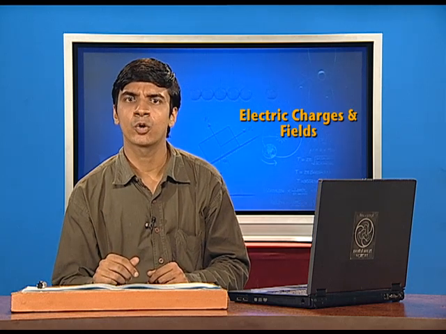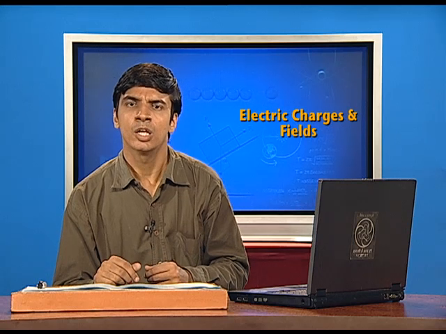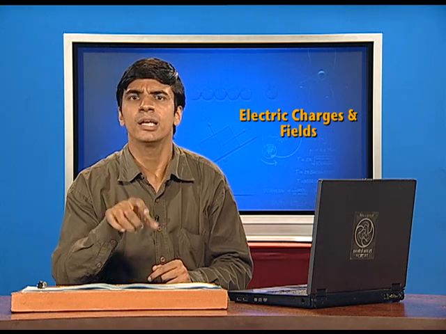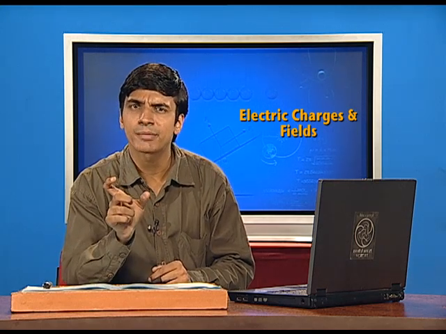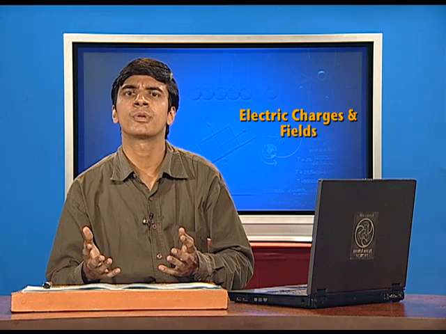So if I denote the surface charge density by say sigma, then sigma will be delta Q upon delta S, where delta S is the surface element. Actually delta S is the surface element, but since the charges are taken into consideration, I call it the surface charge element.